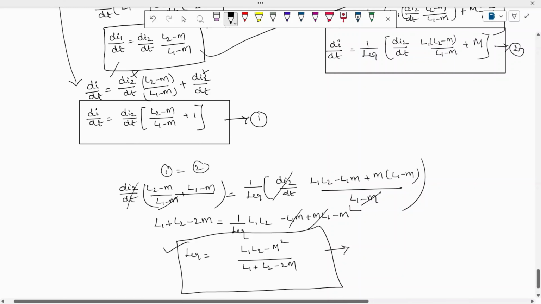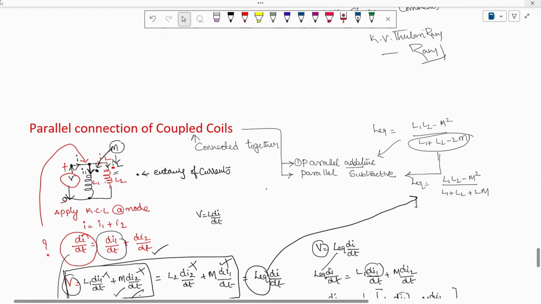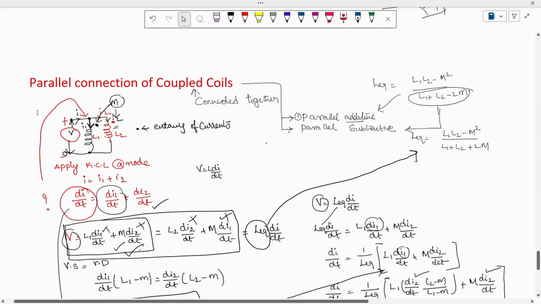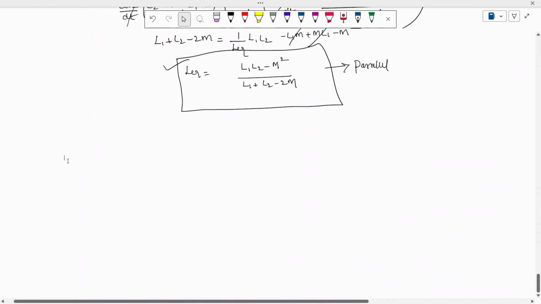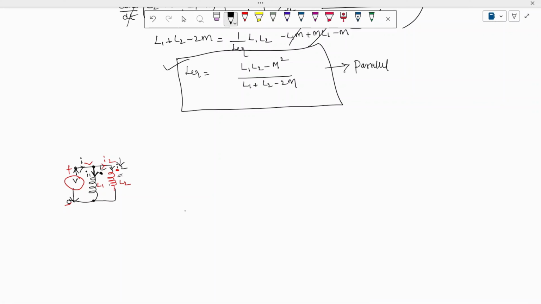whenever they are connected in parallel and when currents are both entering. So here you can see whenever the currents are entering, this is the value you have got. So in the circuit you can see these two inductors are in parallel, and here the current I flows.